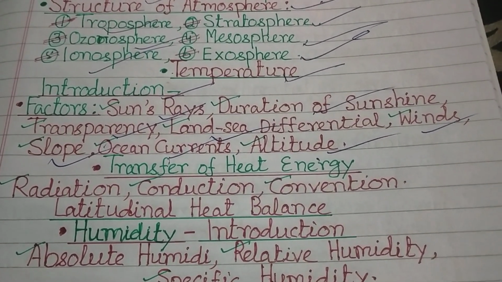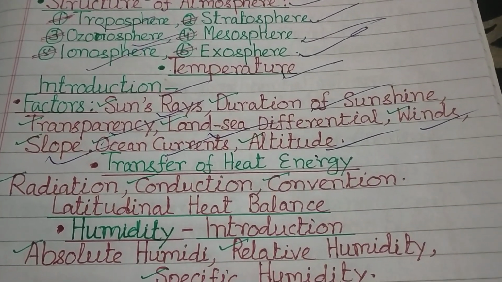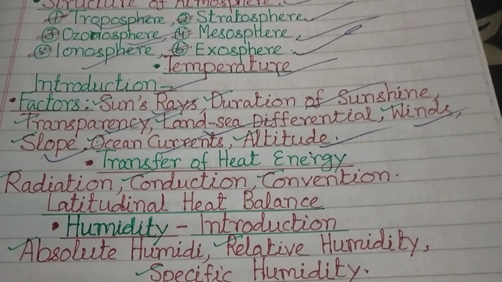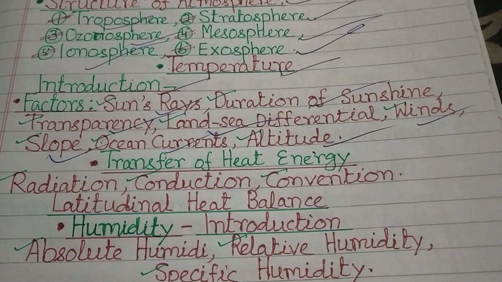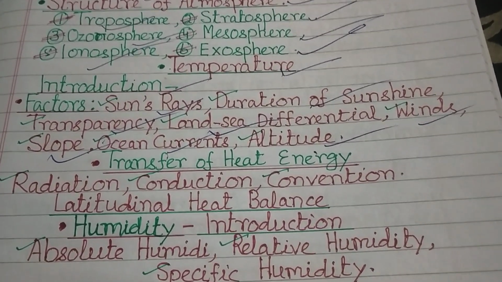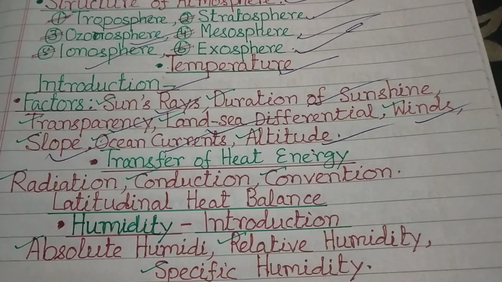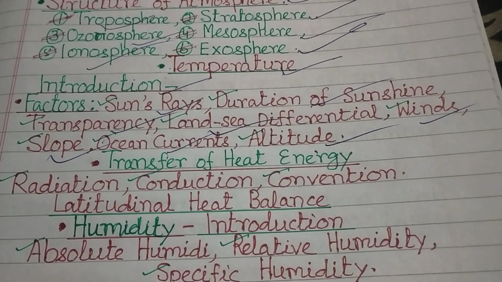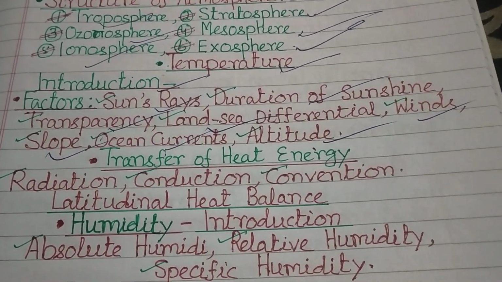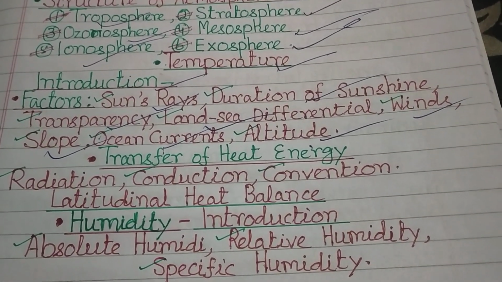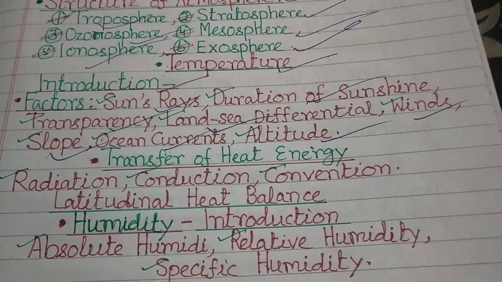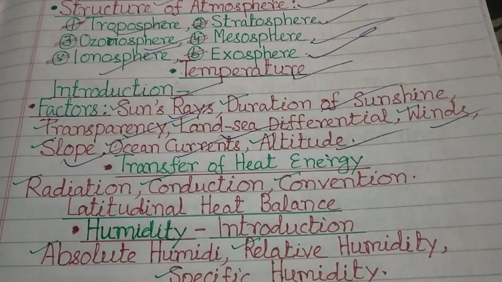It makes them warmer than the layers at higher levels. Thus, as we go higher, the temperature gradually decreases and the air becomes cooler. The normal lapse rate is roughly 1 degree centigrade for every 165 meters of ascent.